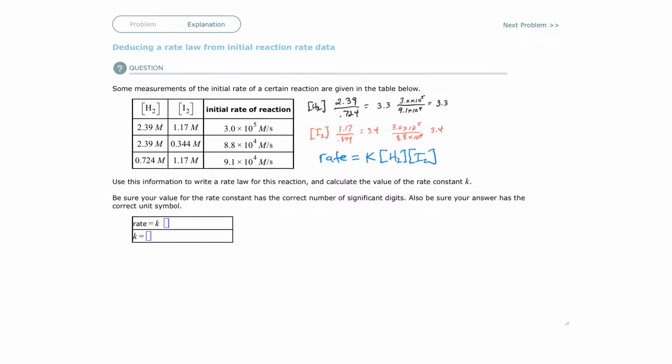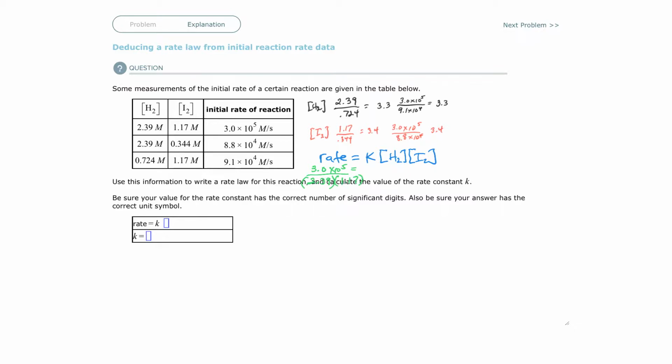Okay, so let's see what we got. We know that the initial rate, the first one, it doesn't matter which test you take, was 3.0 times 10 to the 5 molar per second. I'm going to get K by itself, so I'm going to divide by the concentration of hydrogen, 2.39 to the first power, and then do the same thing with iodine to its first power, 1.17.